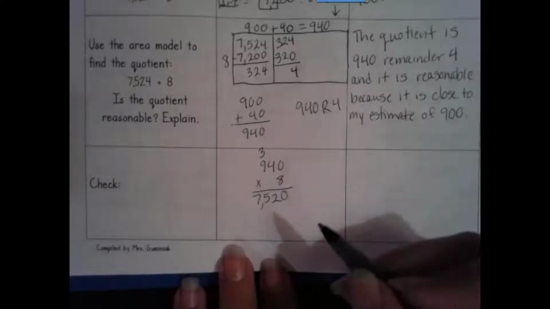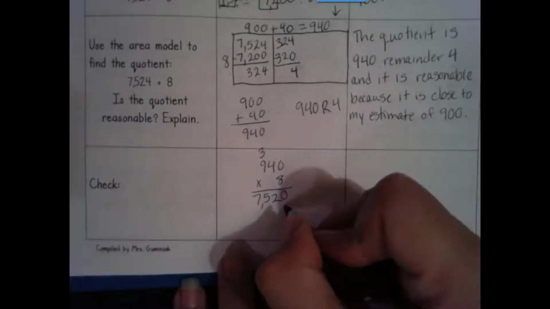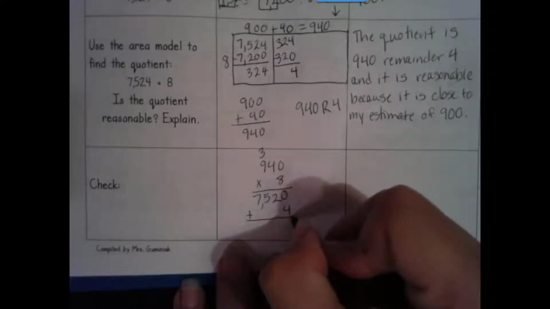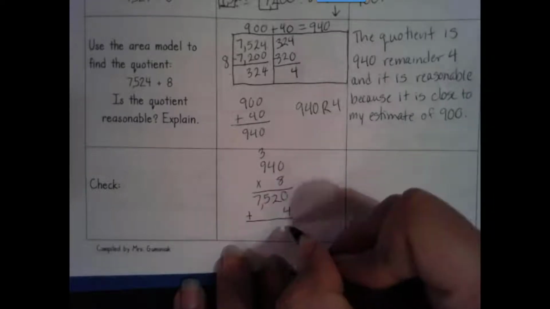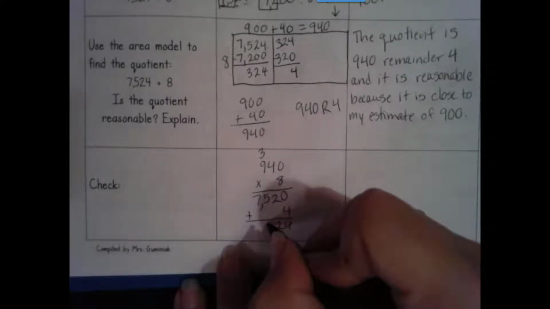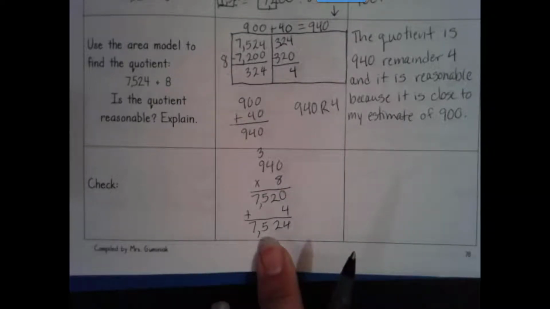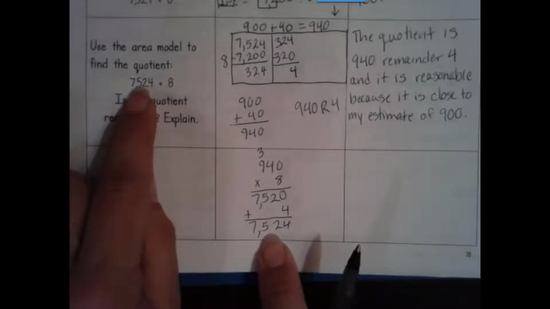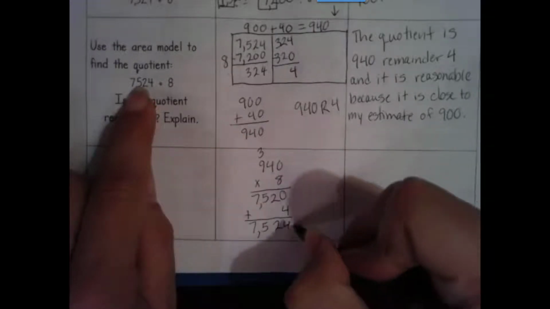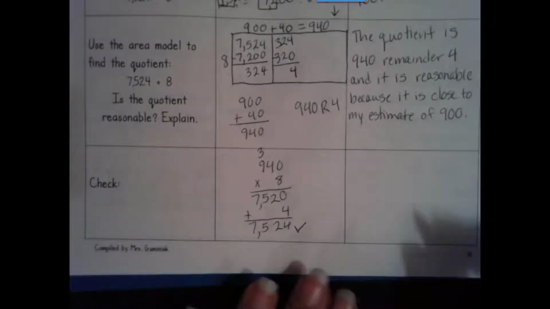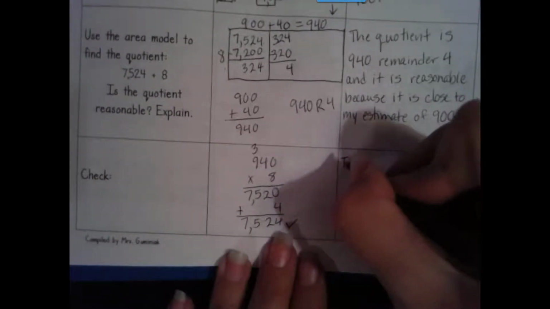And then we need to add our remainder. 0 plus 4 is 4, 2, 5, 7. Does 7,524 match our dividend? Yes, it does, so it checks. We definitely have the correct answer.